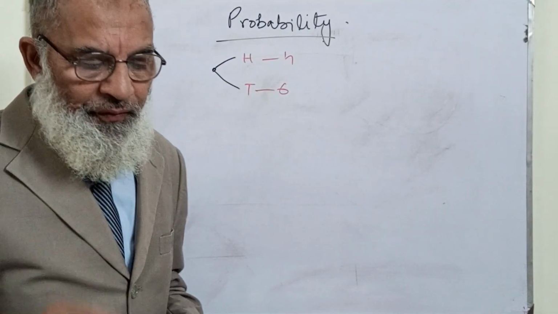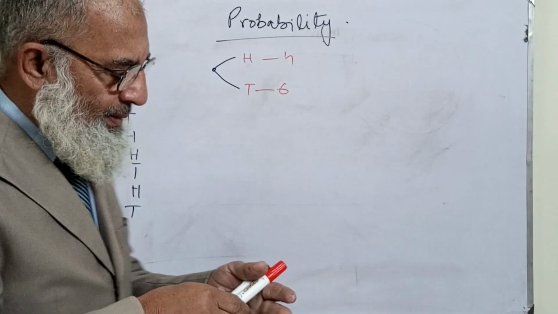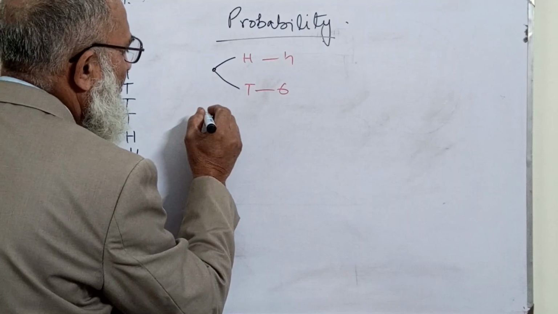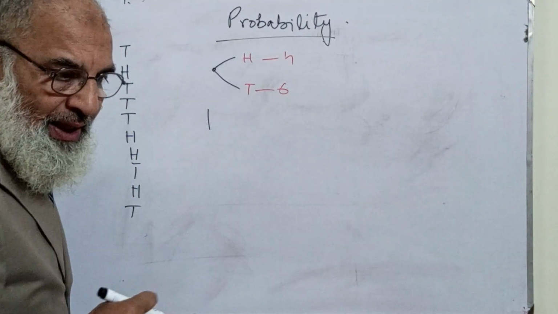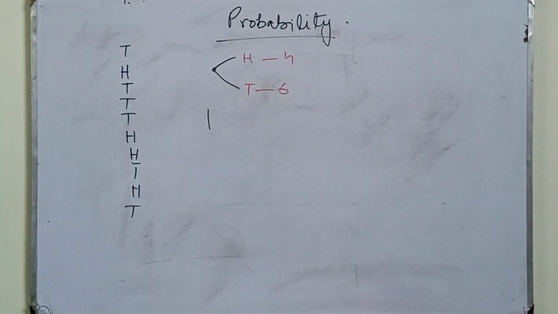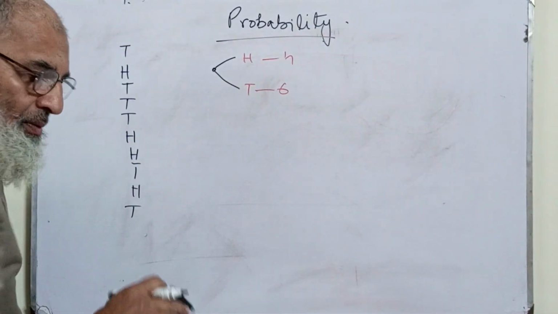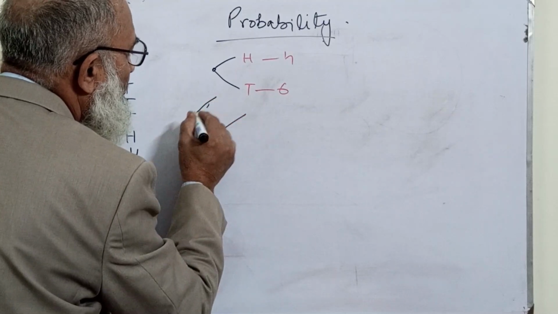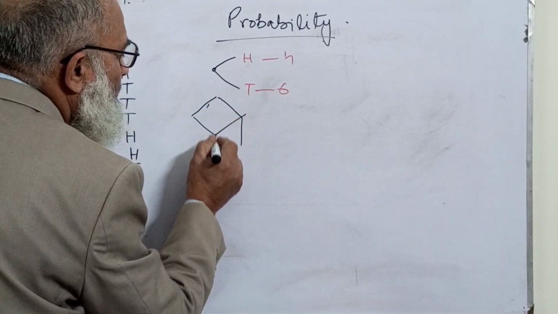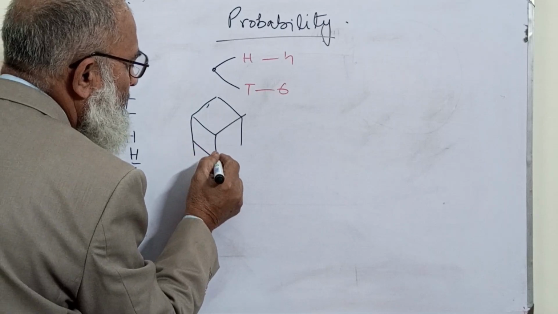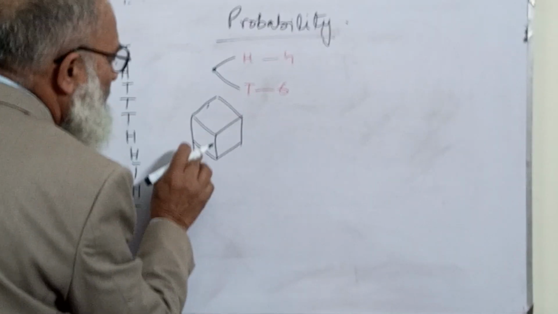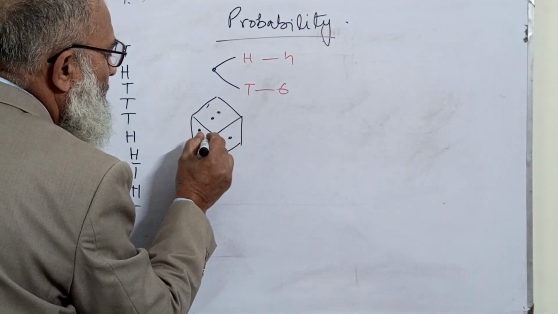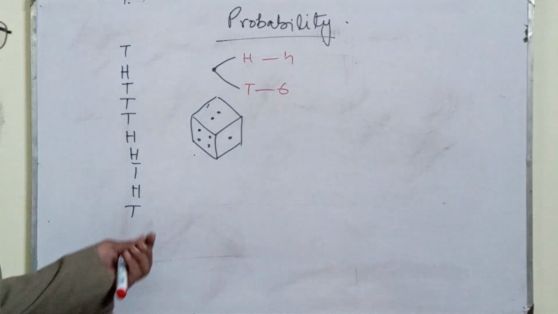Okay. Now, if you have a dice, there are 6 faces. If I make a dice over here, now there are 6 faces.